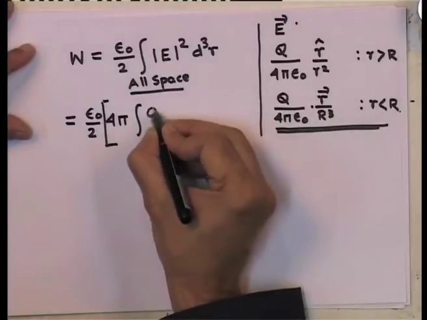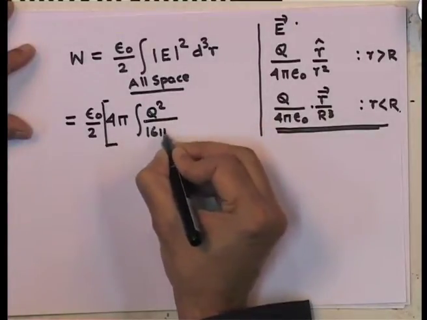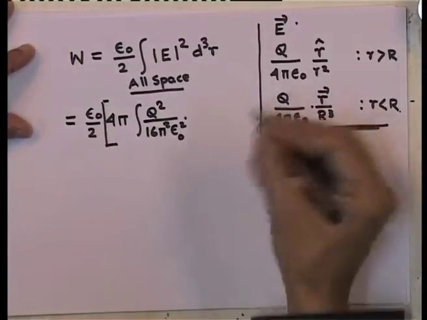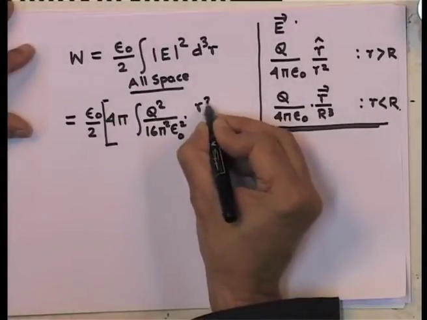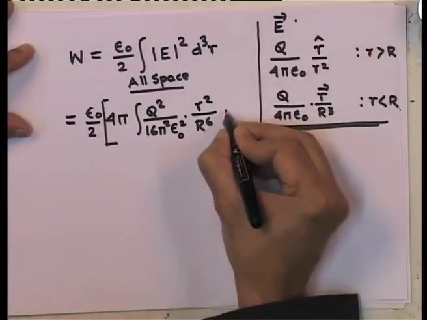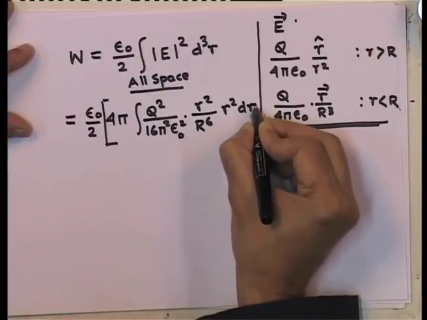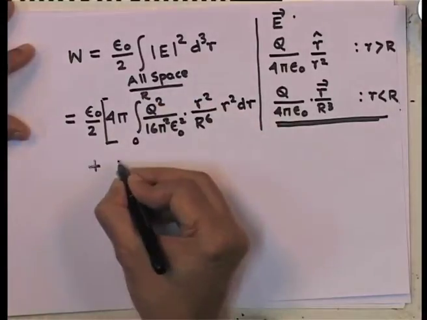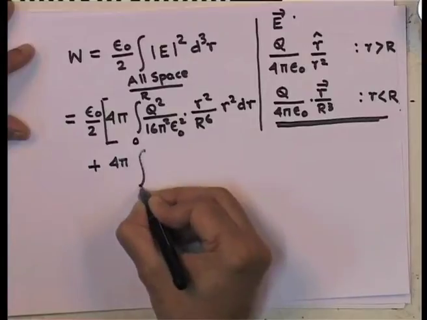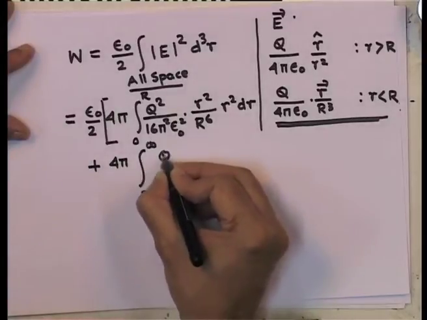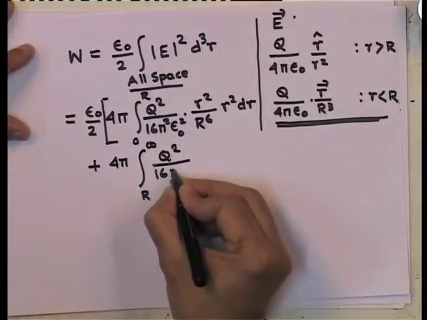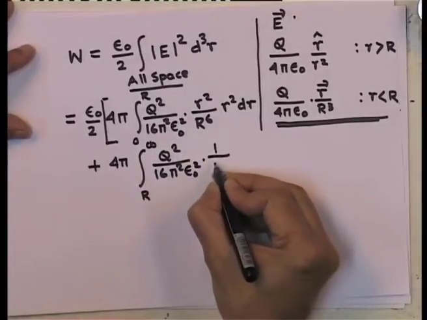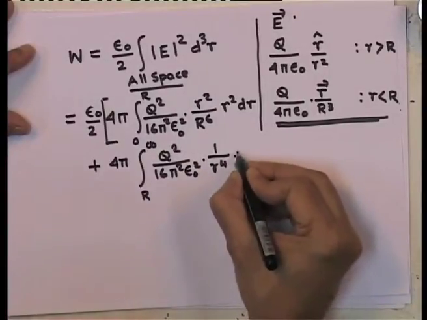So, let me take that, q square over 16 pi square epsilon 0 square, r dot r is r square by R to the power 6, and of course, r square dr, which comes from the volume element, and this integral is from 0 to R. The second integral is 4 pi, R to infinity, once again this q square by 16 pi square epsilon 0 square, and this time it is 1 over r to the power 4 and r square dr.